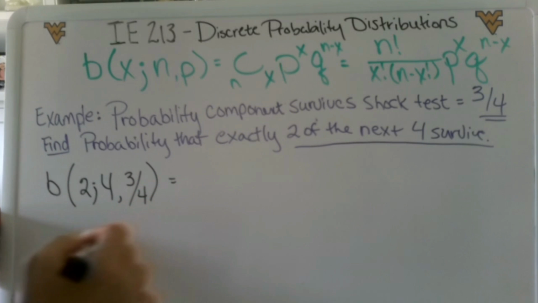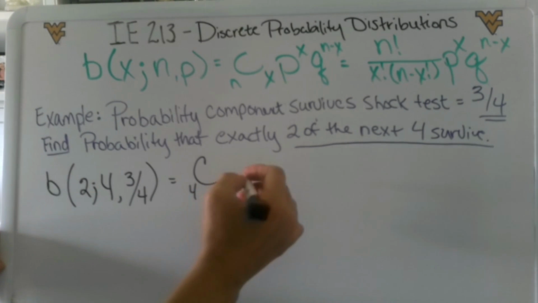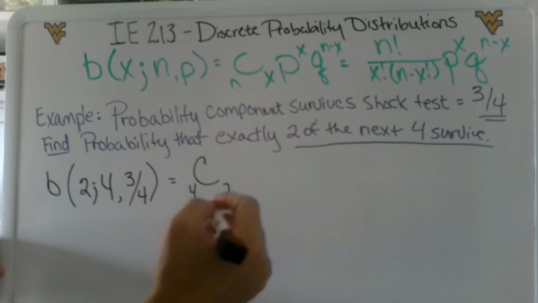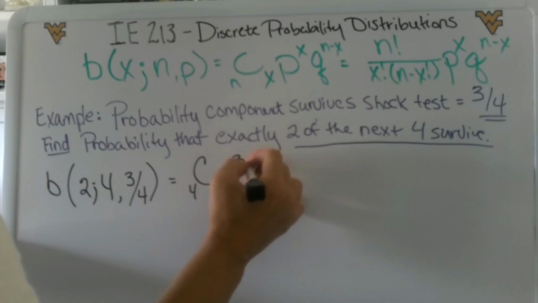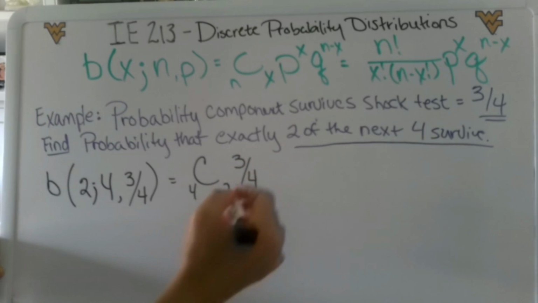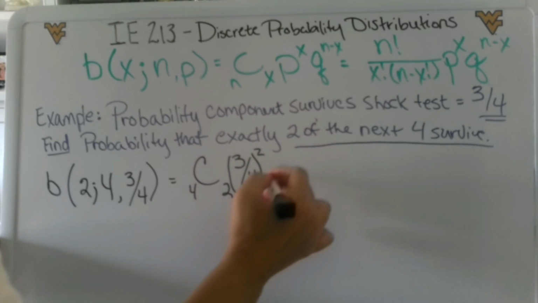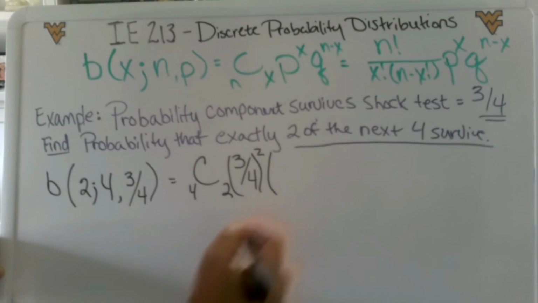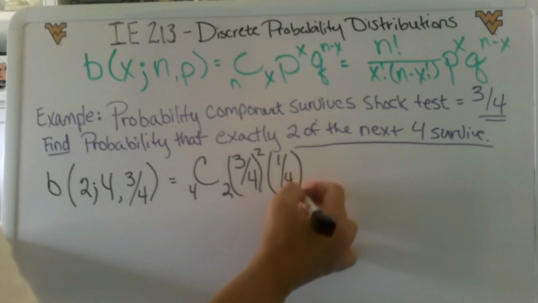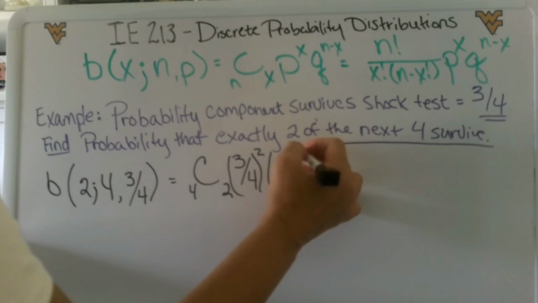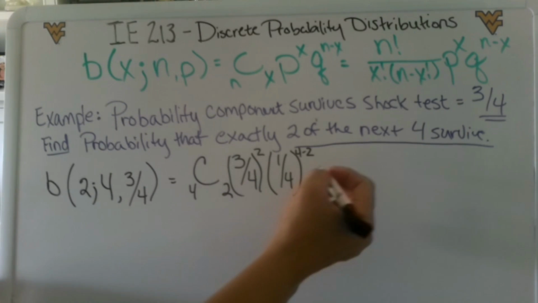Okay, so this is going to equal the 2 successes from 4. The probability of success is 3/4 squared times the probability of failure, which is 1 minus the probability of success, 1/4. That's N minus X, which will end up being squared as well.